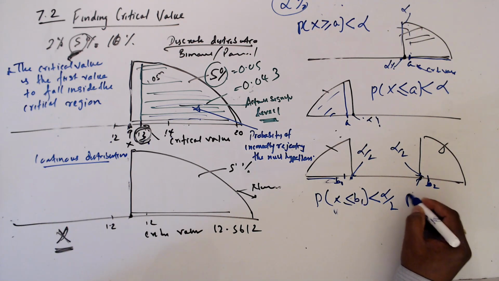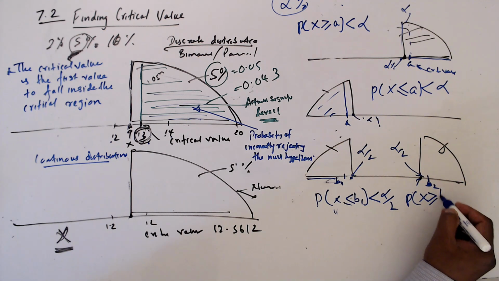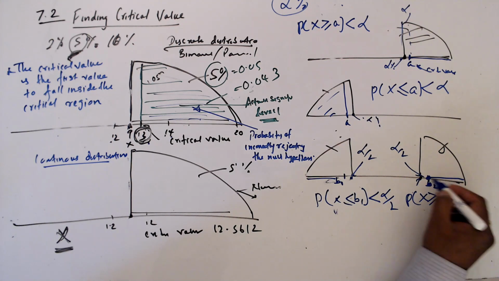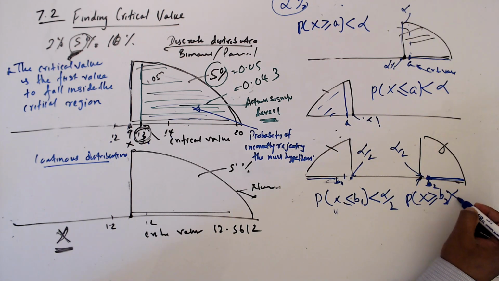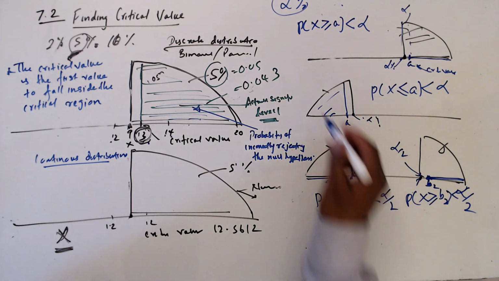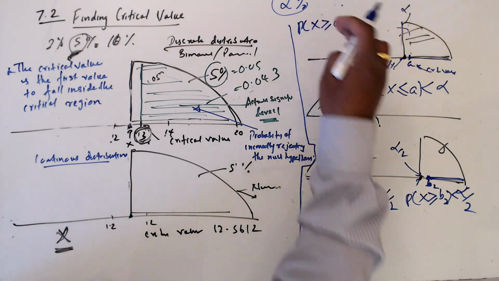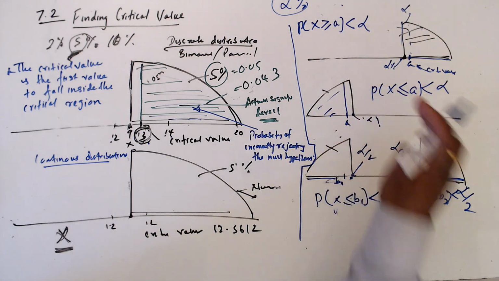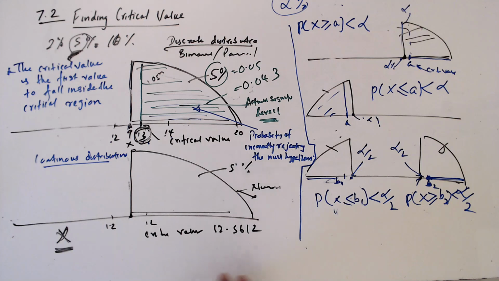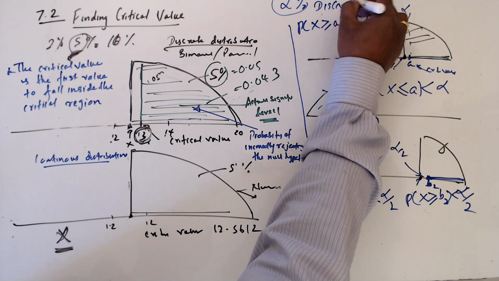And for this one, probability of x greater than or equal to b2, from here to here including that value, has to be less than alpha by 2. This is a probability. Now this is for discrete, but there's a small change when you come to the continuous. So continuous one, there you can't see the equal sign here. So we'll discuss when it comes to the normal distribution. So this is for discrete distribution.